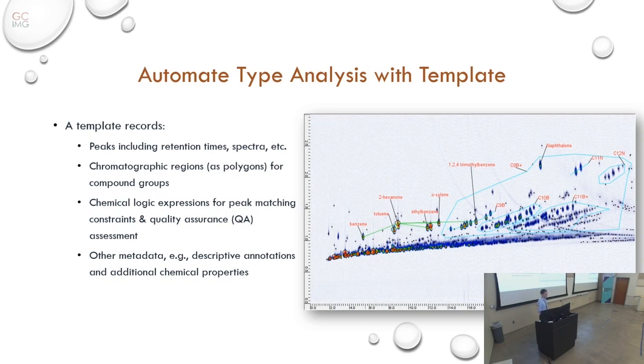We can also record the chromatographic regions defined as polygons over the retention time space, and these will enclose the compound groups of interest. We can also specify various chemical logic expressions, which can be used to impose constraints on our peak matching algorithms or to compute various quality assurance metrics. And then finally, we can attach all sorts of other metadata, descriptions, other chemical properties, and so on.